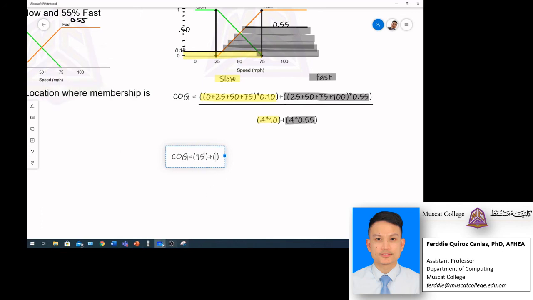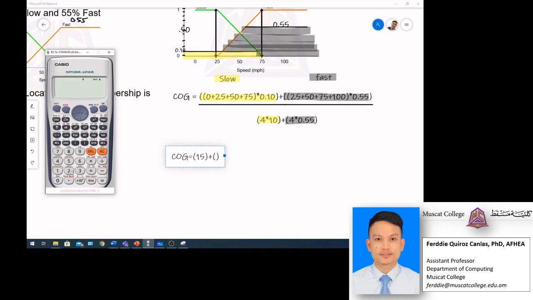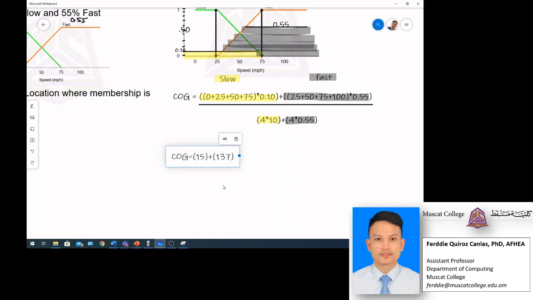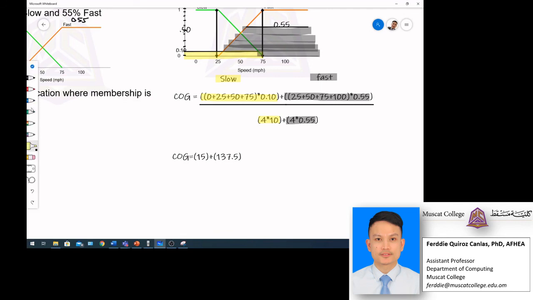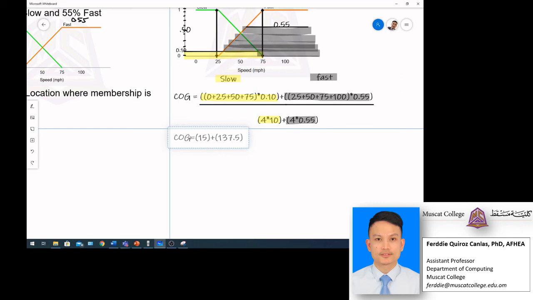Then the next one here, how much? This is 25 plus 50 plus 75 plus 100, multiplied by 0.55. We will get 137.5. Then let's try to divide it by the value.